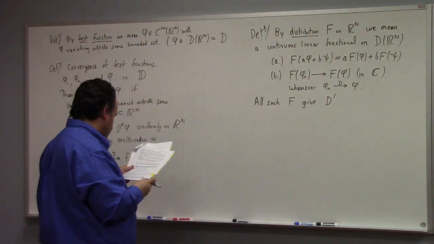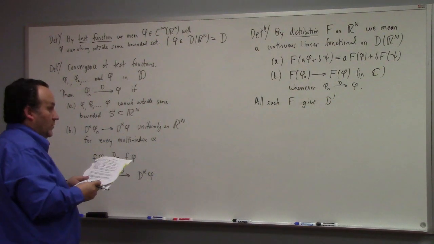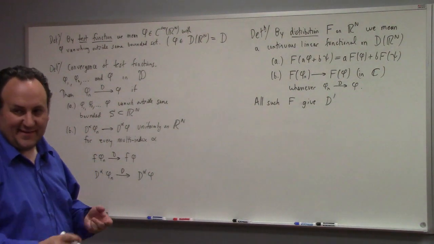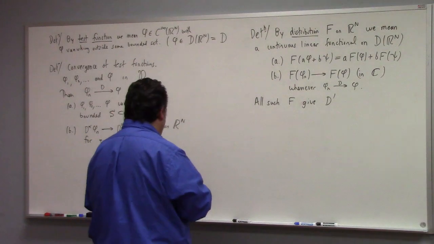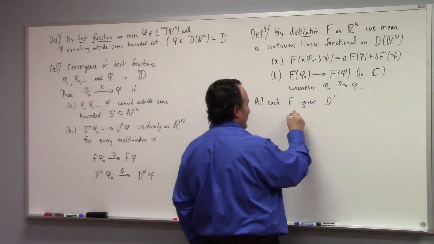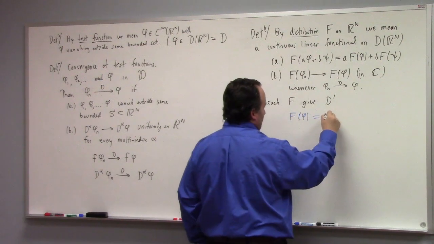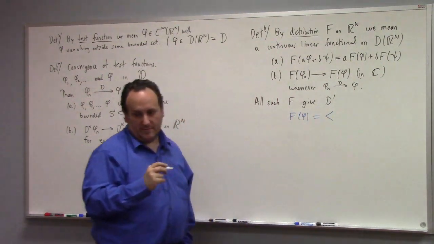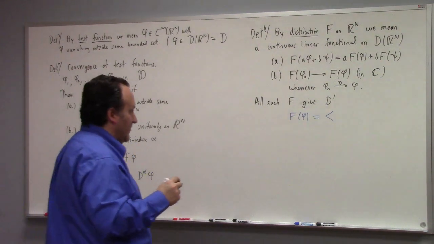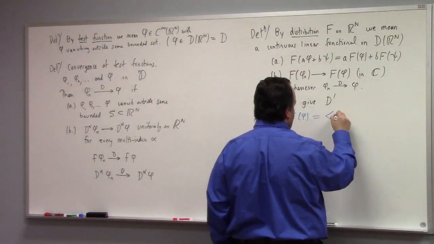All right. And, oh, this is big. This is like the last time you'll see him write F of phi. From here on out, he uses the following notation. F of phi is equal to, this is the notation he uses, bracket F with phi.